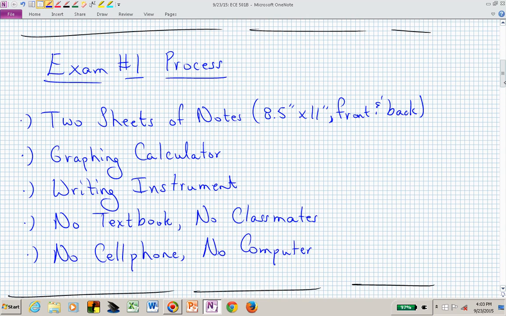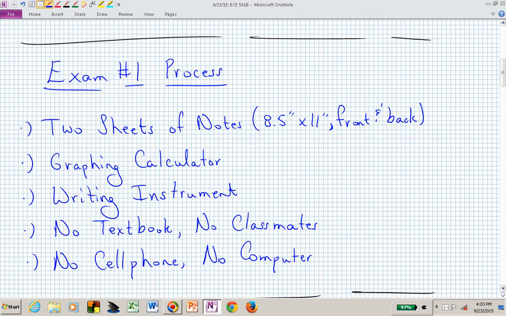The process for exam number 1 is as follows. I'm just going to basically read this. You will be allowed 2 sheets of notes, and this will be a part of the notes that I provide for today's lecture, so you don't have to write it down if you don't want to. You can have a graphing calculator. I'm not sure that's going to do anything for you, but sometimes you just like to have that there.